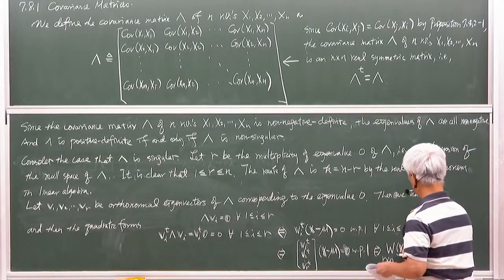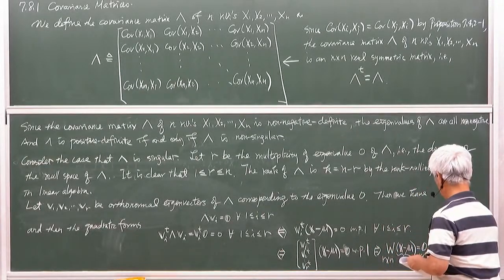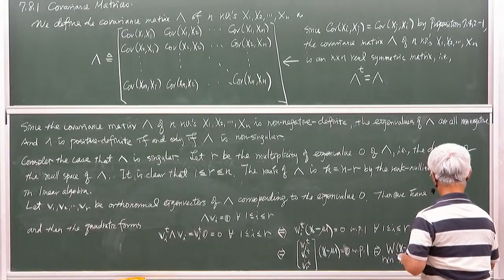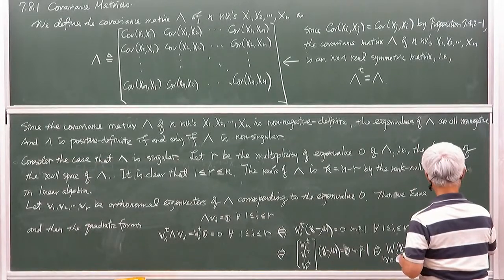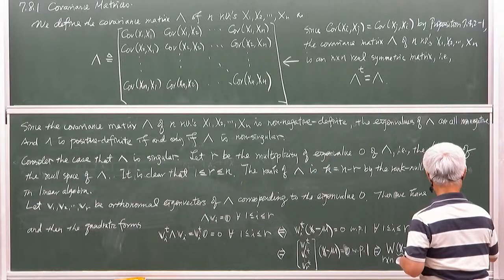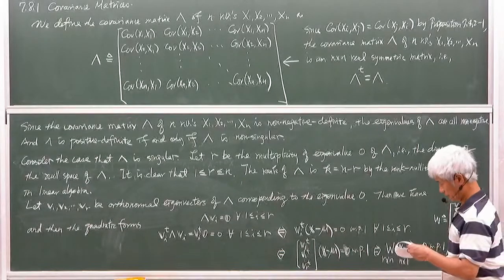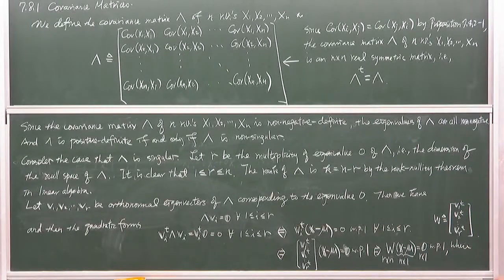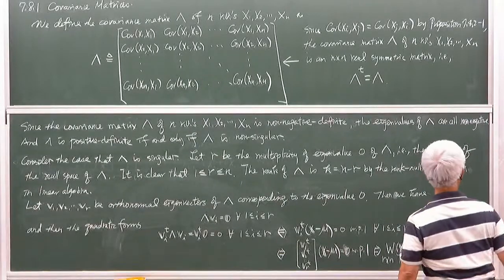Okay? And this is a column matrix n times 1. Okay, so the 0 vector is r times 1 here with probability 1, where the W matrix is defined to be the matrix with rows v1 transpose up to vr transpose. Okay, and so this matrix has dimension r times n.